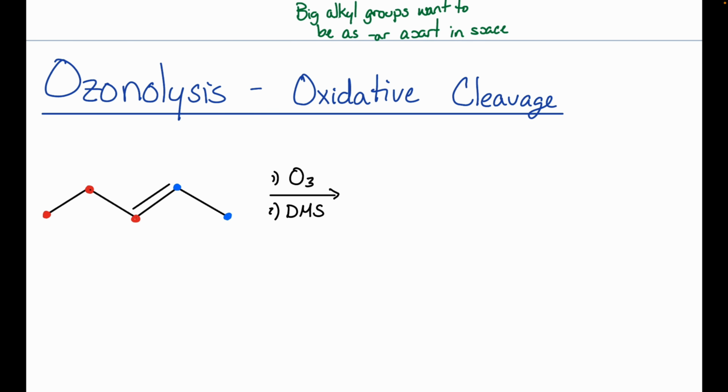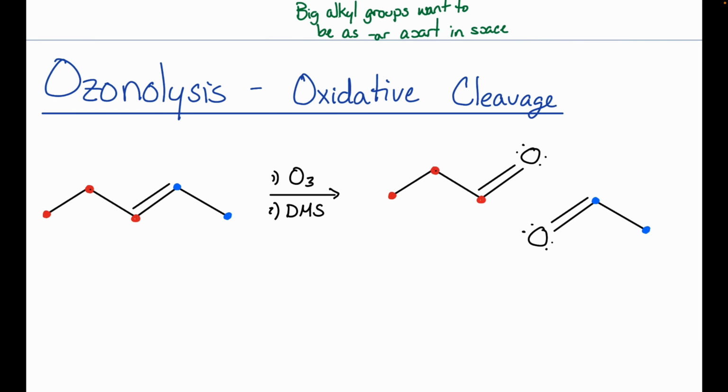Right? We cleaved at that carbon-carbon double bond. And it's an oxidative cleavage because when we broke this thing in half, what did we put on the other end? An oxygen. Right, so that was our oxidative cleavage for our alkenes.